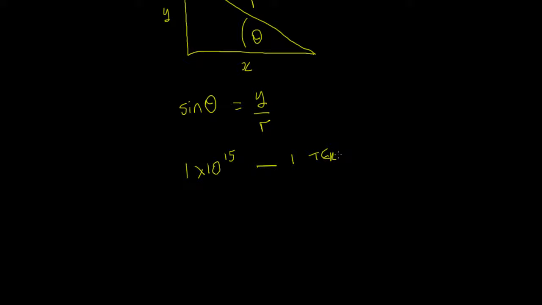Let's say that needs 1 terabyte of data, a byte for each number, so 1 terabyte of data required just to get 1 degree.